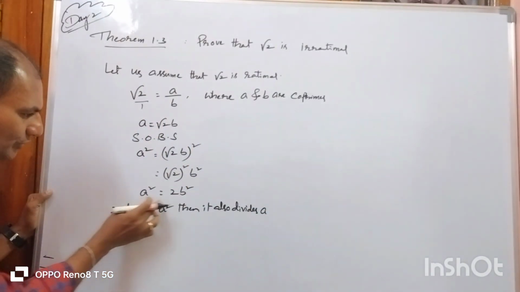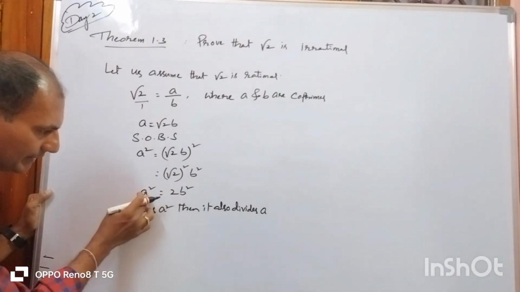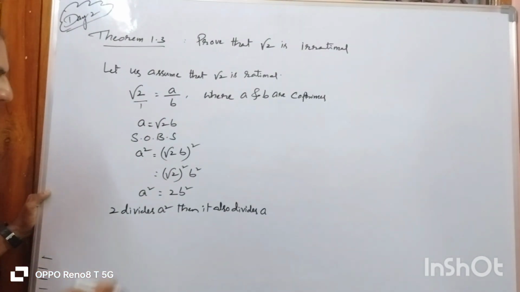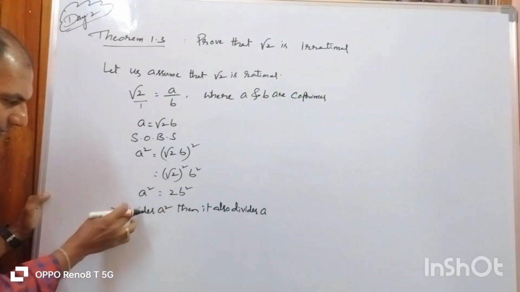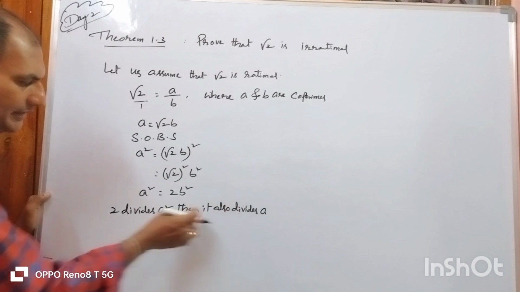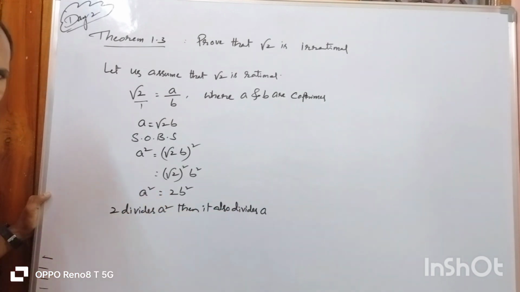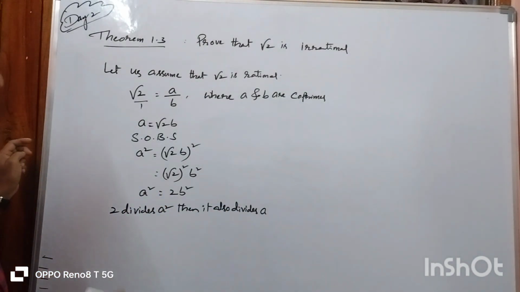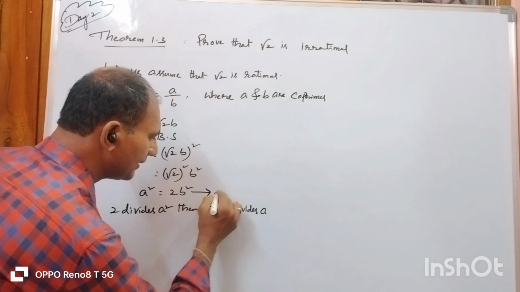So a is divided by 2, means 2 is a factor of a. This meaning is 2 is a factor of a. Right. Next, this is equation 1.